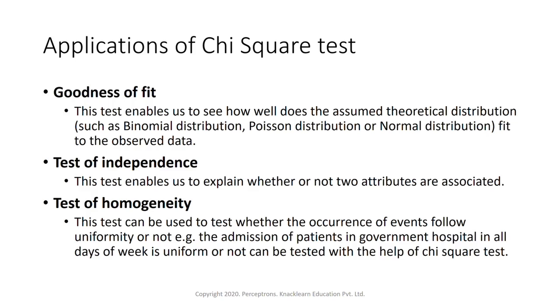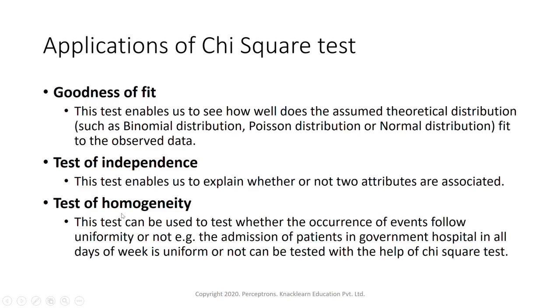Usually for finding the relationship or association between continuous variables, we have Pearson's correlation coefficient. And for testing the relationship between categorical variables, we can use Pearson's chi-square test. It is called Pearson's chi-square test because it was developed by Karl Pearson.